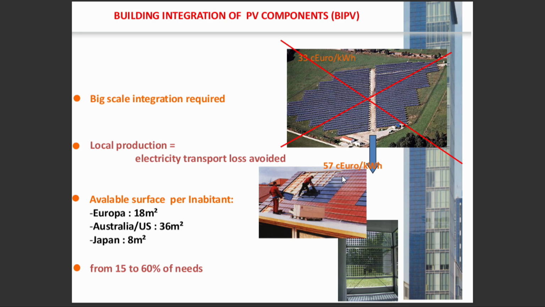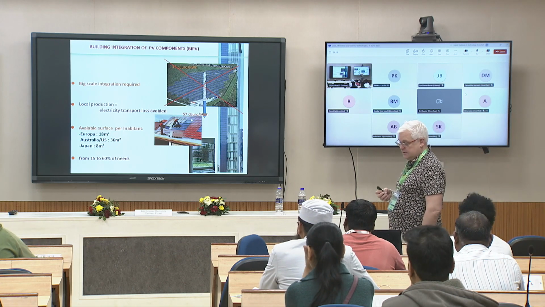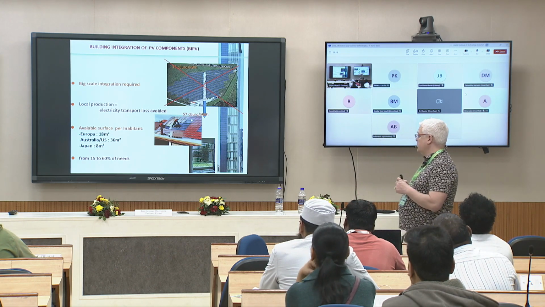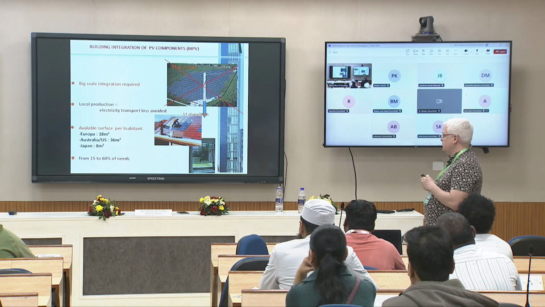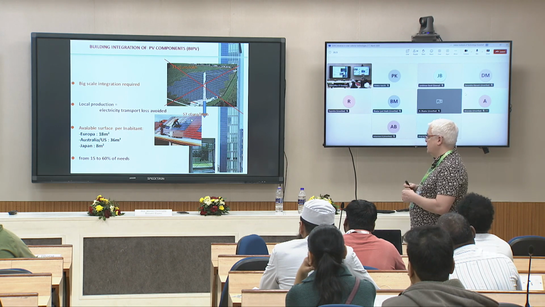So it's very interesting. There is still innovation in the way to integrate it as full components of a building, and to use it also for other things like a window, like shading for the sun, like roof parts, like tiles. That is what I will show you. If we massively integrate, depending on the country, of course, depending on the sun, we can estimate that we can produce and answer 15 to 60% of the needs at the city scale.